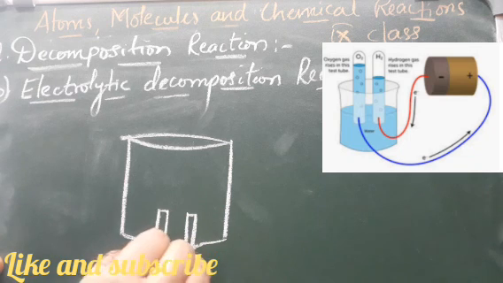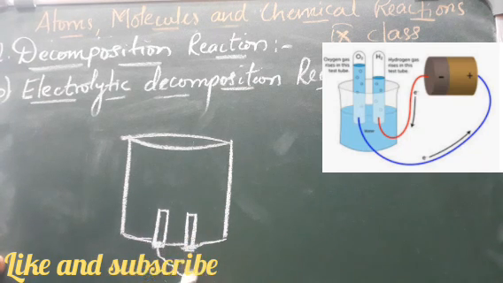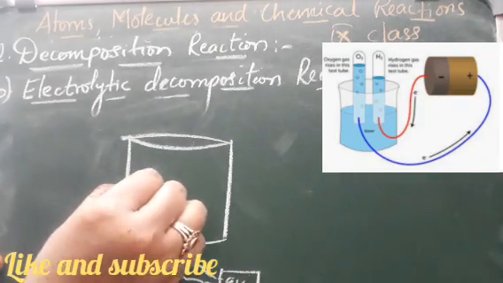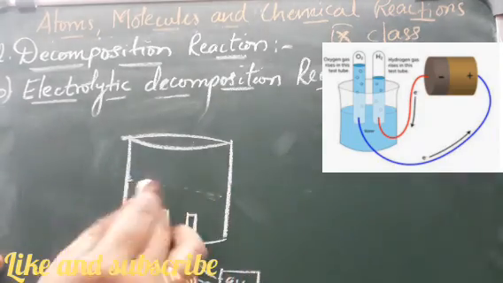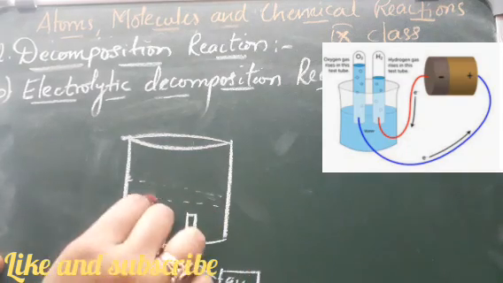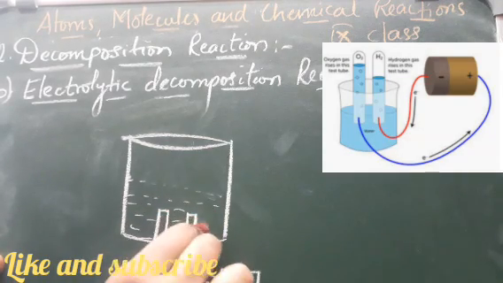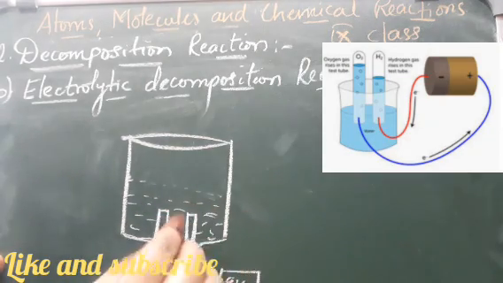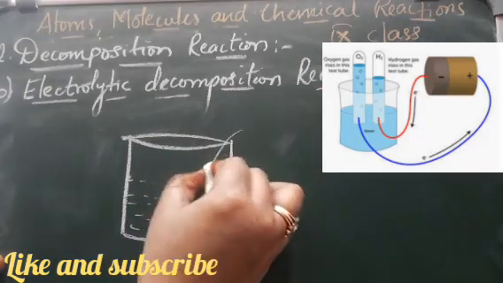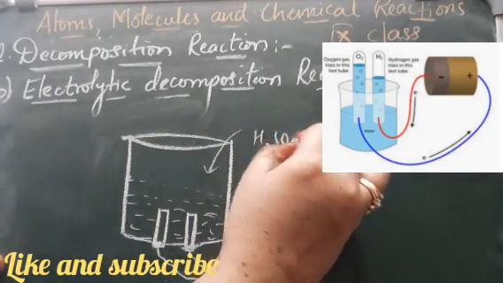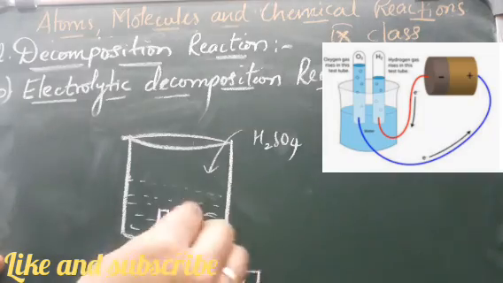These electrodes we connect with a 9 volt battery. Now we fill the mug with water to the extent that it dips the electrodes. Now we add a few drops of sulfuric acid.